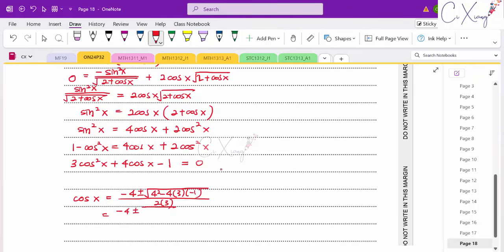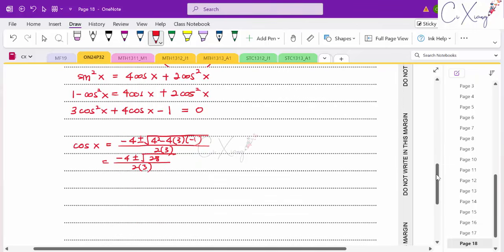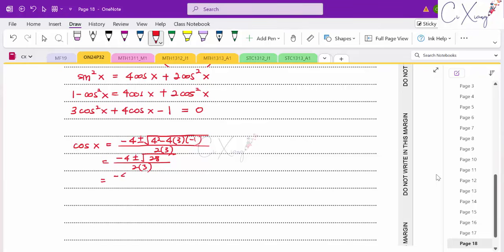So try to simplify. I'm having negative 4 plus minus square root 28 divided by 2, and if you're using an ES calculator, you can simplify this one directly by using the calculator. If not, then you have to do it slowly. 28 can be written as 7 times 4, and the square root of 4 is actually 2, so you can write it as 2 square root 7.